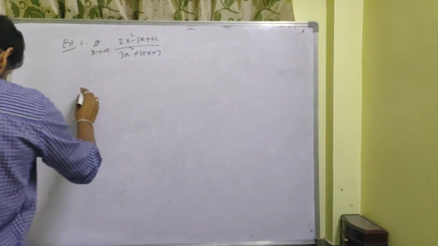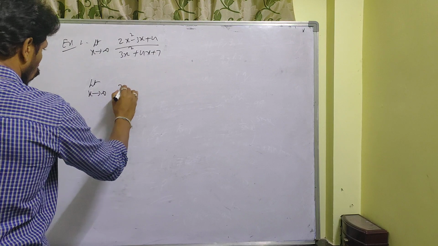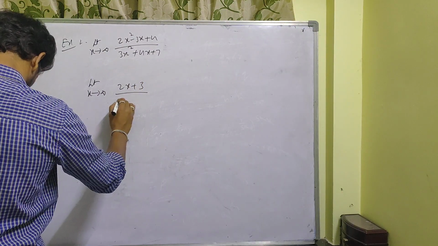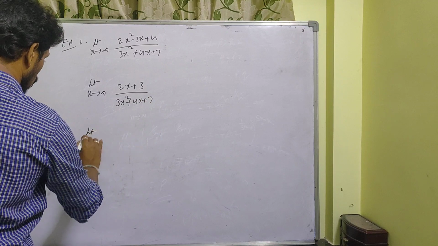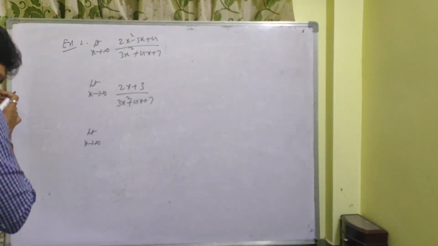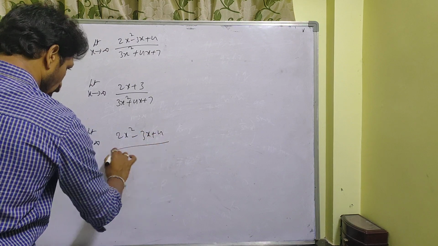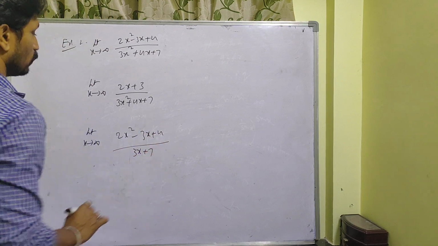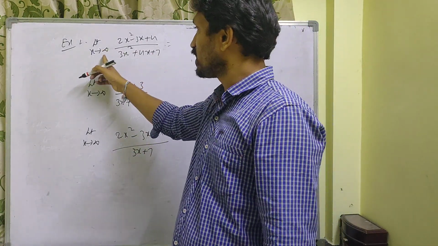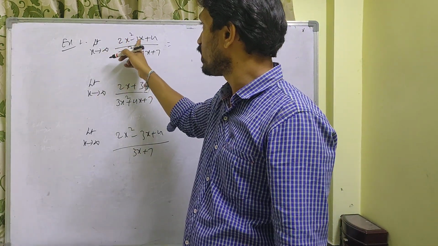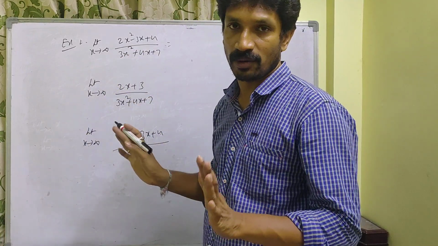Also limit x tends to infinity of (2x plus 3) by (3x square plus 4x plus 7), and limit x tends to infinity of (2x square minus 3x plus 4) by (3x plus 7). Here observe the procedure. Actually as x tends to infinity, this is infinity by infinity, an indeterminate form.